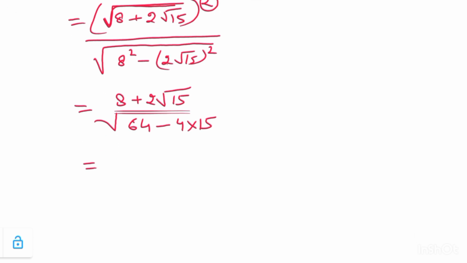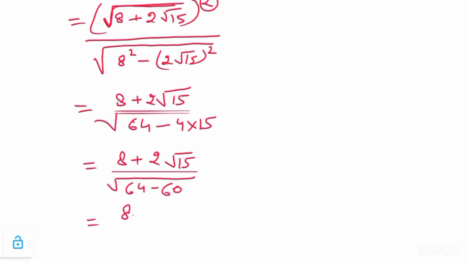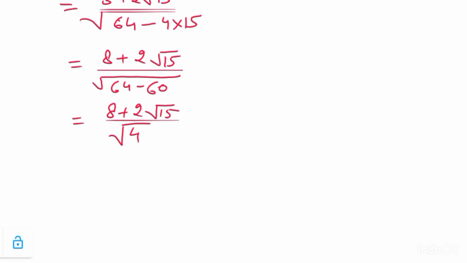This will give 8 plus 2 root 15 upon square root of 64 minus 60. This will be 8 plus 2 square root of 15 upon square root of 4, which is equal to 8 plus 2 square root of 15 upon 2.